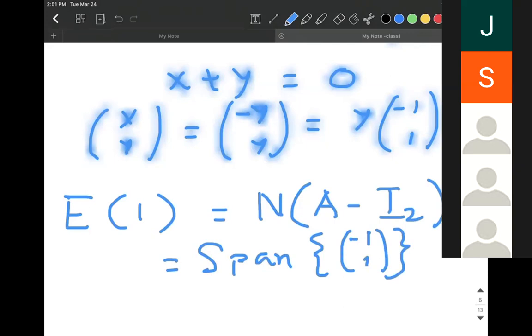Yeah, I have a virtual eraser which should work, I don't know why it's not working. So it's 1 everywhere, and that's what we get. So now all of you agree with the answer. So this is the eigenspace for 1.